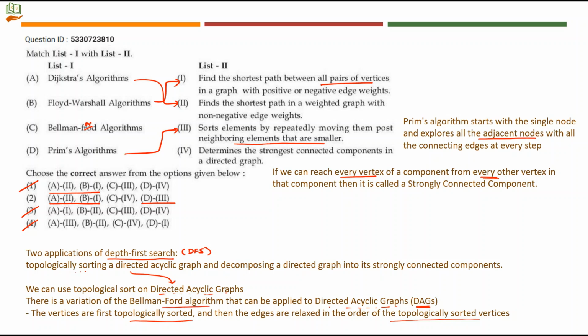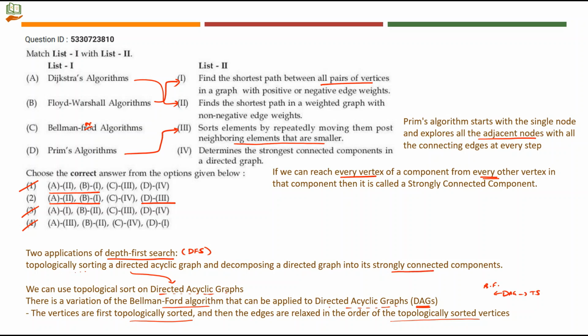So just go with the reverse connect. You have DAG here. In DAG, you go for topological sorting. Using DAG, we have an application of the Bellman-Ford algorithm, and this DAG is an application of DFS for what? For topological sorting of DAG as well as decomposing a directed graph into strongly connected components.